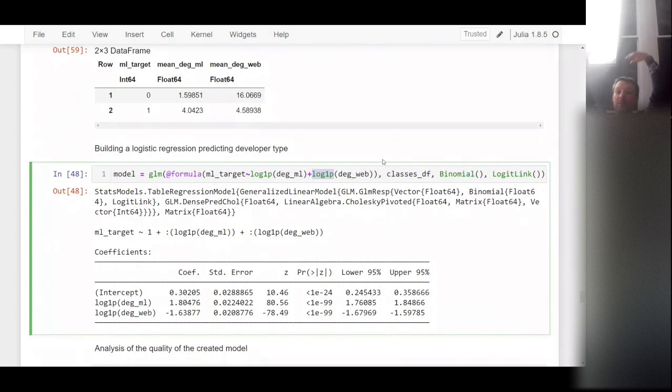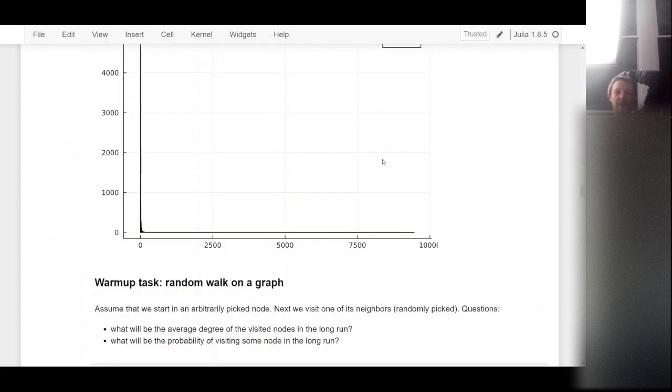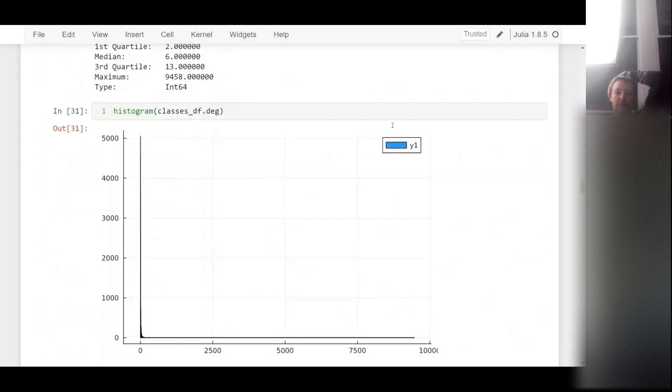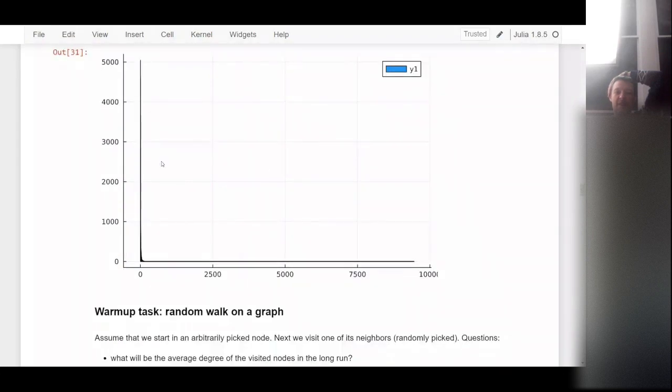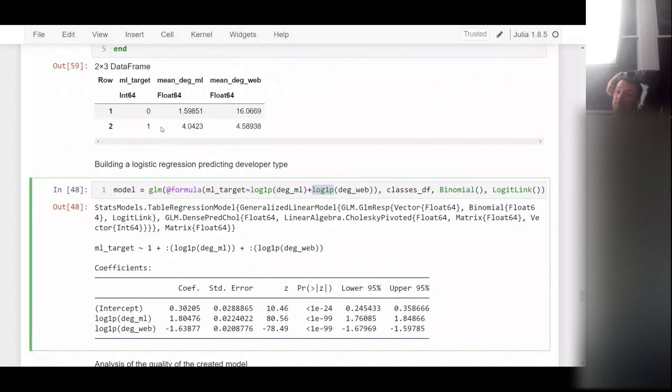So why am I not building a regression just using raw data, but applying log transformation to my data? So I am making this right tail of the distribution, you know, squashing it as we just saw in this figure. So this is a very long tail, and I'm just taking logarithm of it. Why do you think I'm doing this?